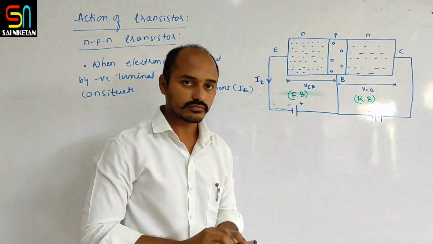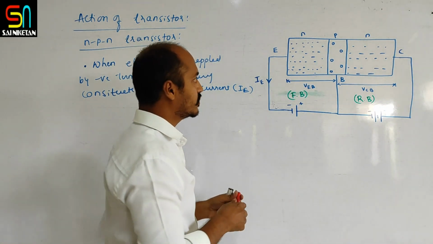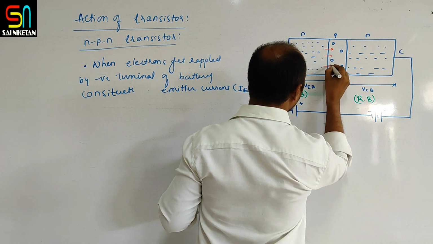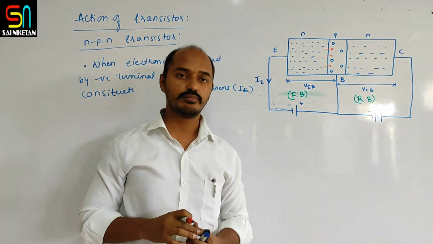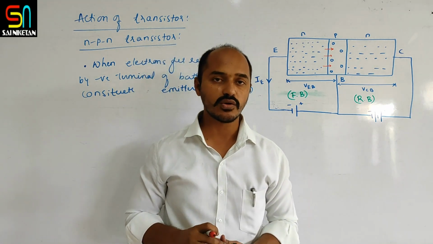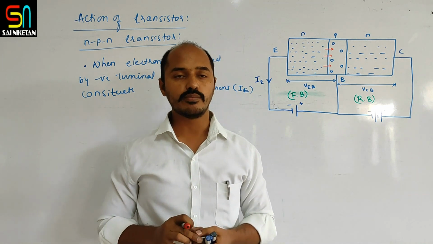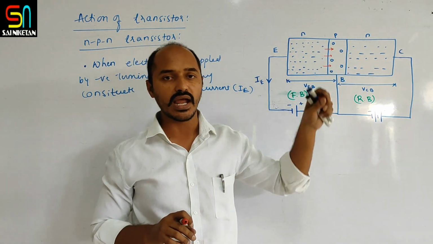Now, come back to the figure. As these electrons move to the P region, in the P region holes are there. In the P region, majority charge carriers are the holes, and those holes absorb the electrons, but the number of holes is very less because it is very lightly doped.